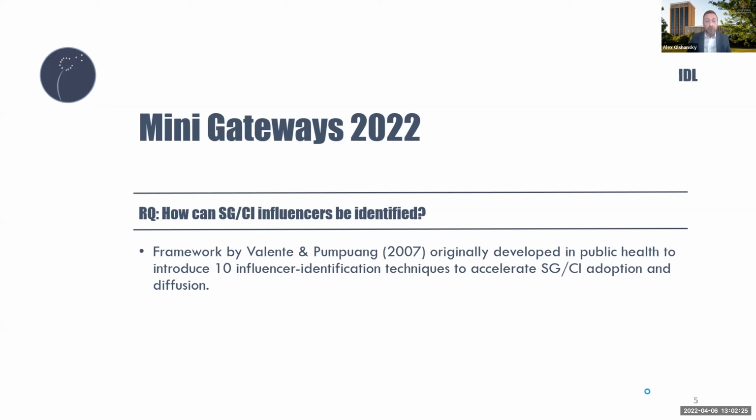And so to address this research question, we introduce a framework by Valente and Pumpuang, 2007, which was originally developed in a public health context to identify opinion leaders who can affect their peers' health behaviors. Here we're introducing these 10 influencer identification techniques in a Science Gateways and CI context to help accelerate Science Gateways and CI adoption and diffusion.